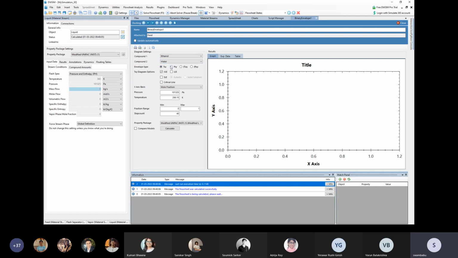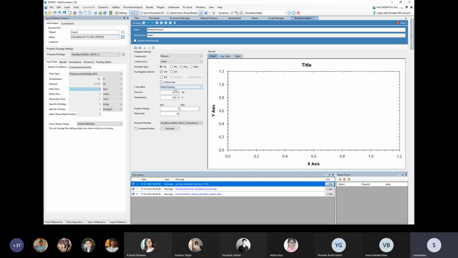So we can generate TXY data and PXY data. Since I selected the binary phase envelope, I can only do VLE. If you want liquid liquid equilibrium data, we can select LLE also.